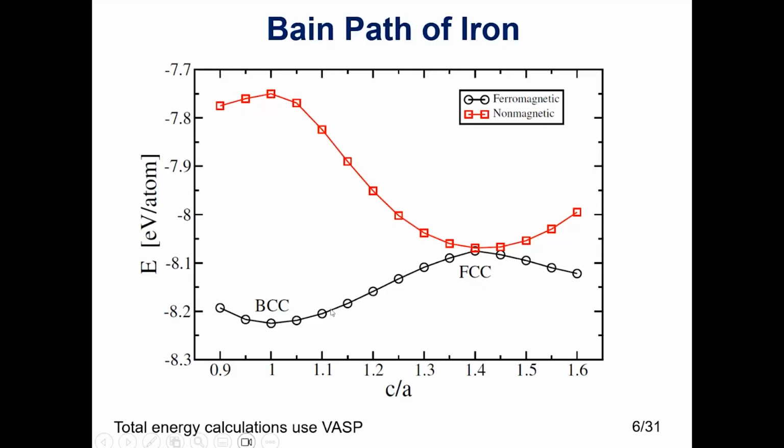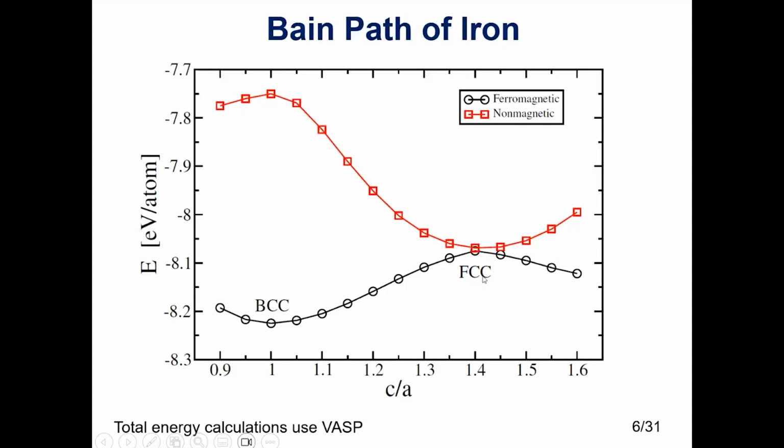If you stretch through the tetragonal region, the energy goes up, which shows that the magnetic iron wants to revert back to body-centered cubic. And then at this very special point, FCC, the magnetic and non-magnetic have essentially the same energy.